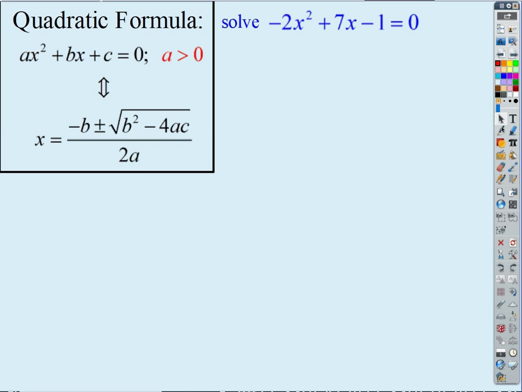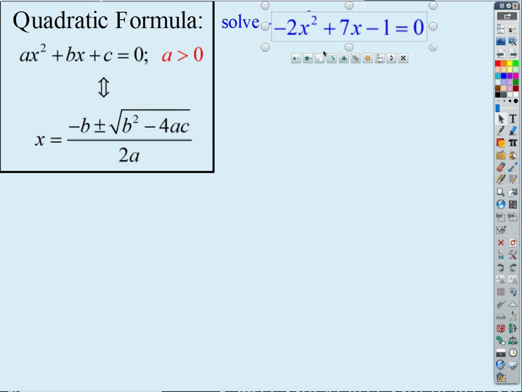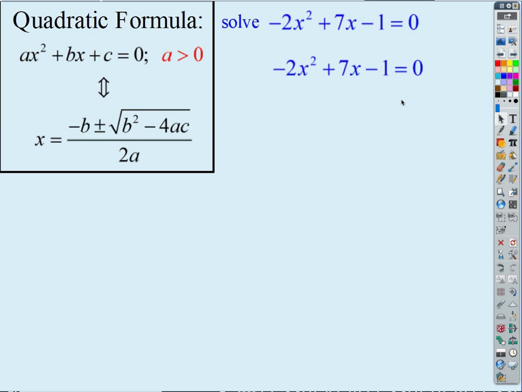Okay, let's try this. So what about this one right here? Is it in standard form? It's almost. It's equal to 0, but what's wrong with it? Ah, the a is negative, right? Okay, so I've got to do one thing here to change the sign. What am I going to do?